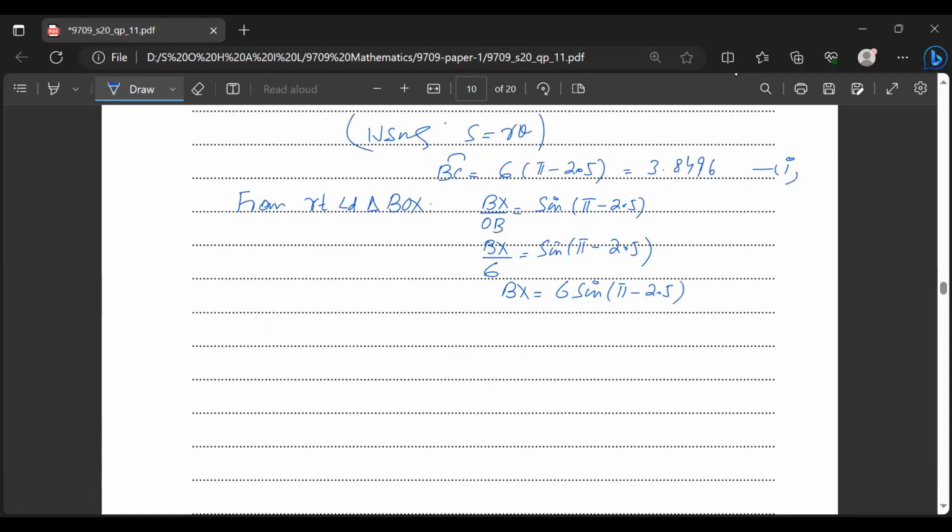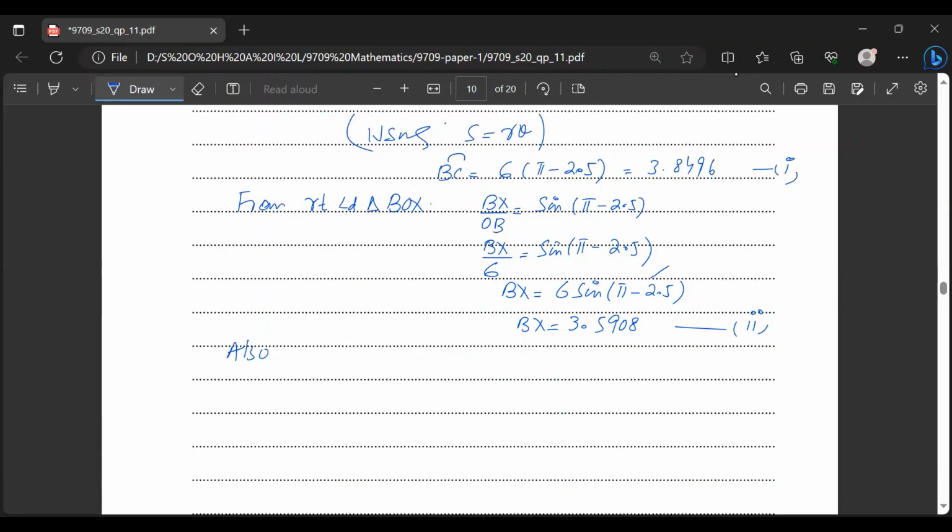Use the radian mode of the calculator, and this BX comes as 3.5908. This is the length BX.